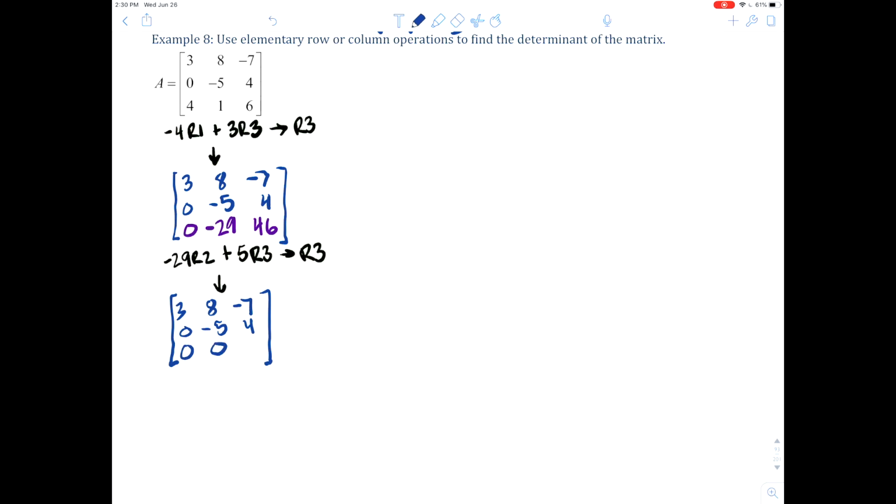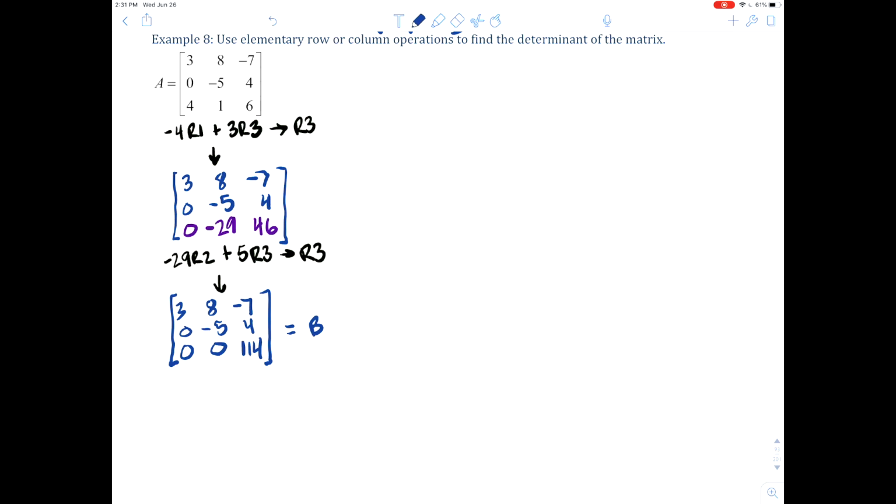We'll have a 0 here. And then when we do -29 times 4 plus 5 times 46, we're going to end up with what? 114. And that will equal our B matrix.